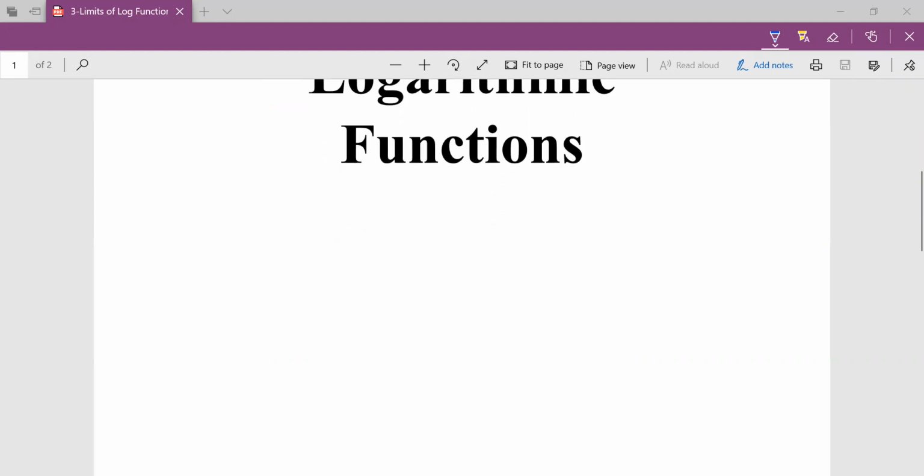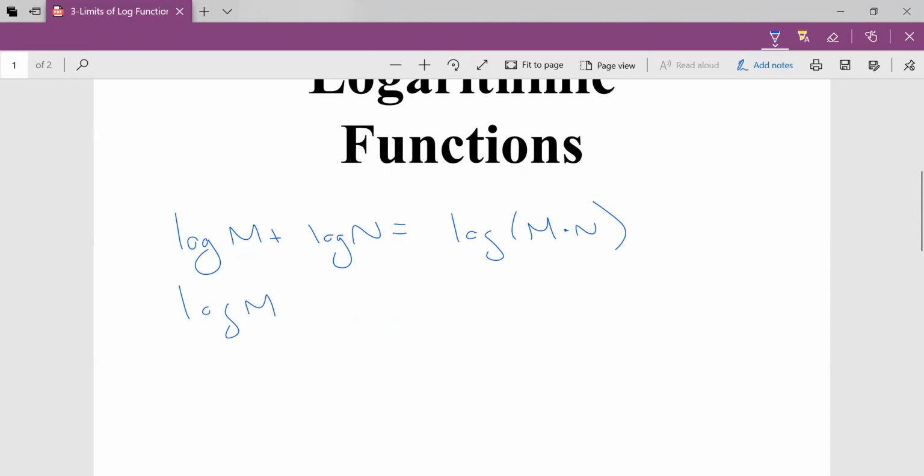Just remember, you do have your laws of logs, and your laws of logs tell you different ways to simplify and expand things. And we will come back and we will specifically need the one I just wrote out for the expansion of the product of M and N there inside the logarithm.